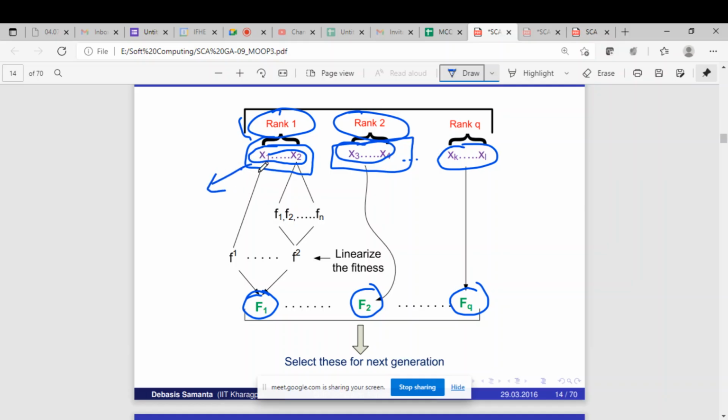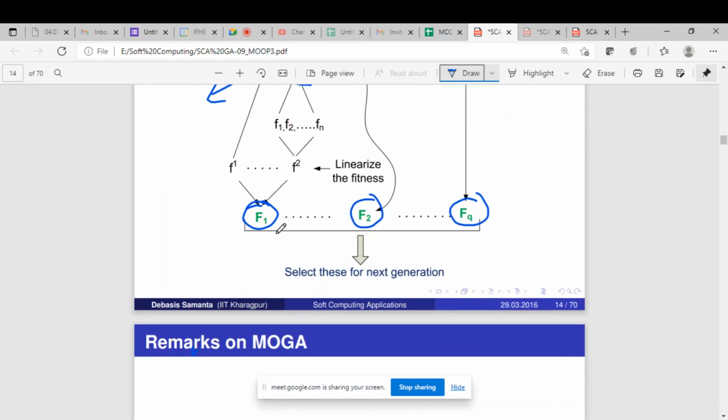For a mating pool, if you want to select two individuals, you cannot select two individuals from the same rank because they are similar, right? So if one individual is from this rank, another individual should be from another rank. That is why we say that it increases the selection pressure, because at every round we are forming groups and putting each group under the same rank and the same fitness score.